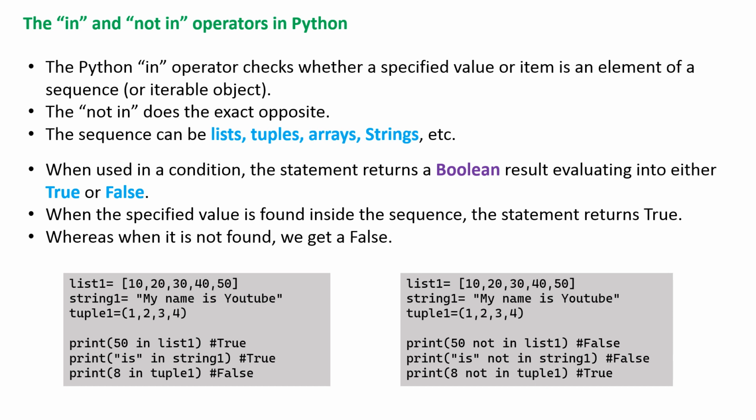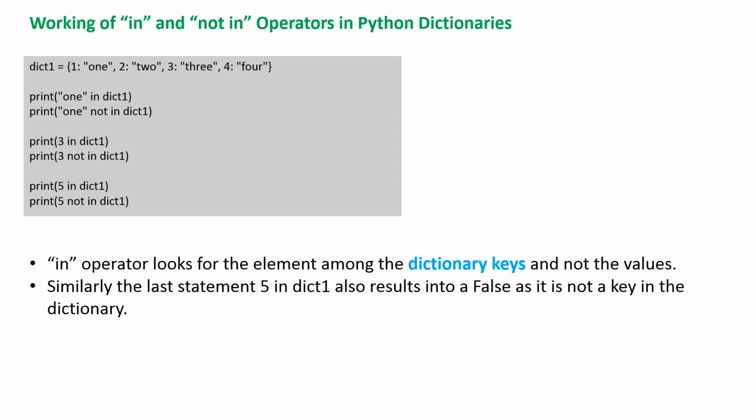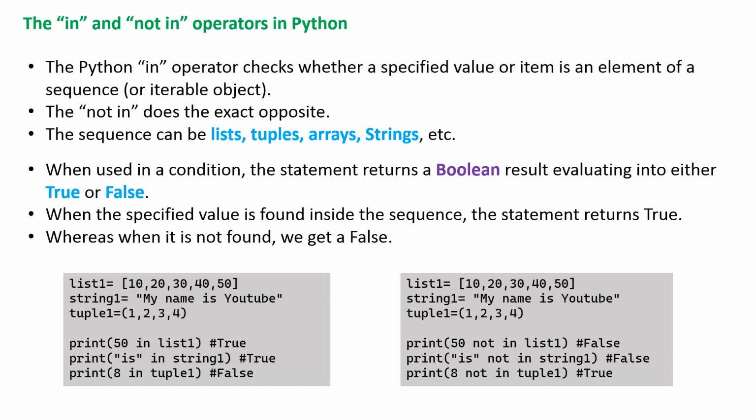So if I check for absence of 8, I'm going to type 8 not in tuple 1. This returns true because the absence of 8 is correct and hence it evaluates to true. We have seen it working with lists, strings and tuples, and it also works on arrays on the same principle.